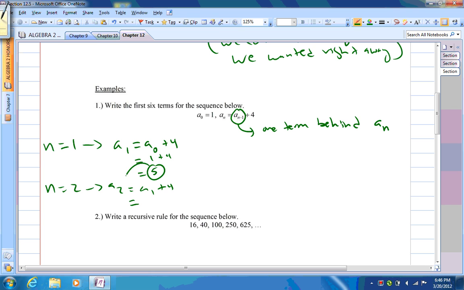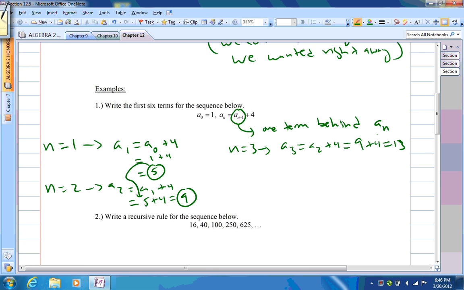Notice how I'm using the most previous term to calculate a2. So that'll be 9. When n equals 3, a3 will equal a2 plus 4, which will be 9 plus 4, 13.